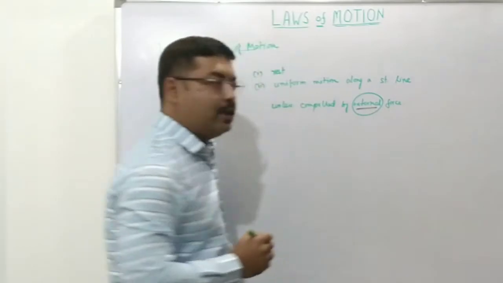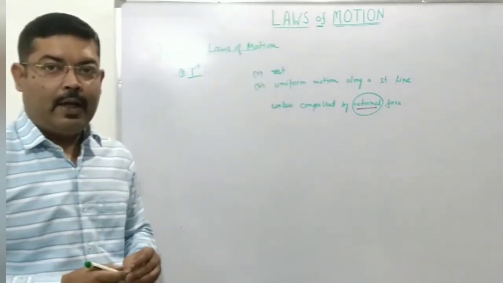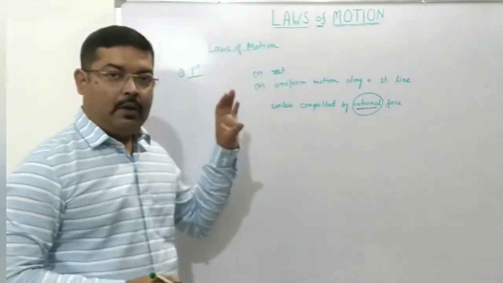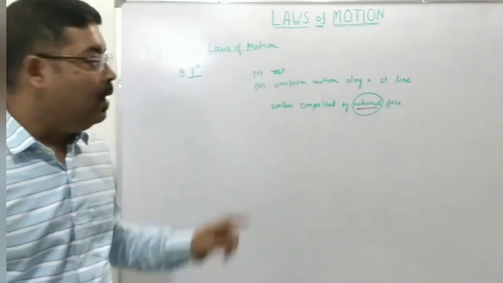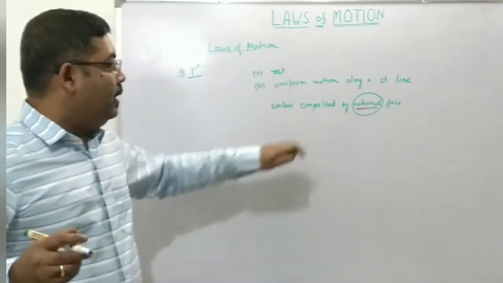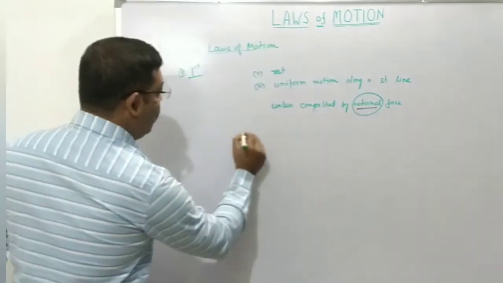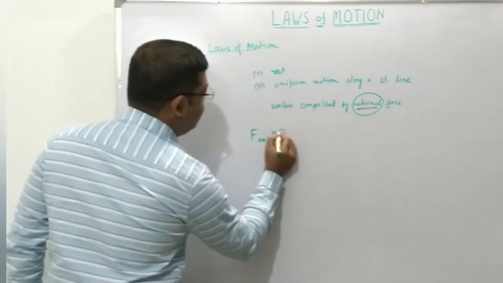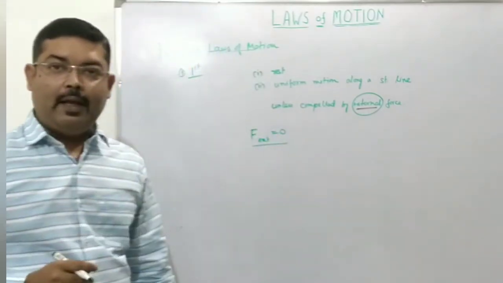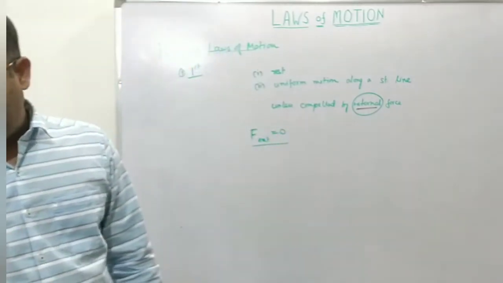An external force is required, right? This is the first law of motion as given by Newton. It simply means that if there is no external force, say we call external force equal to 0, we are not applying any force, then what will happen?